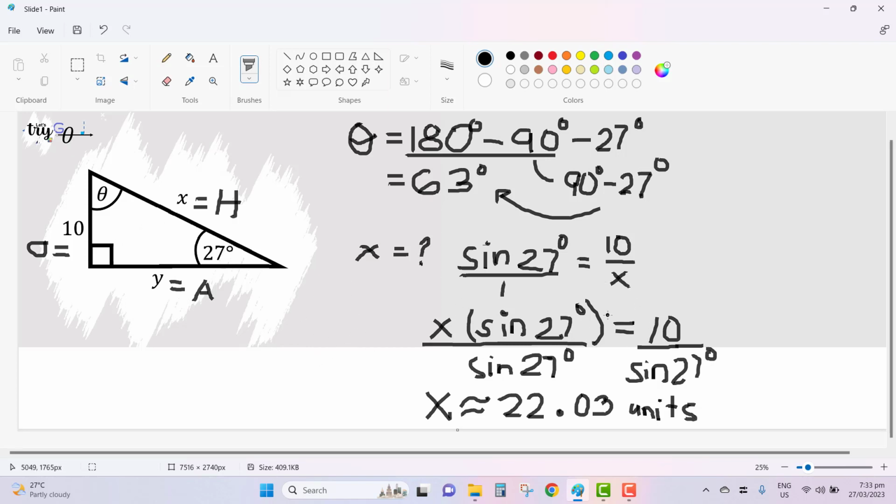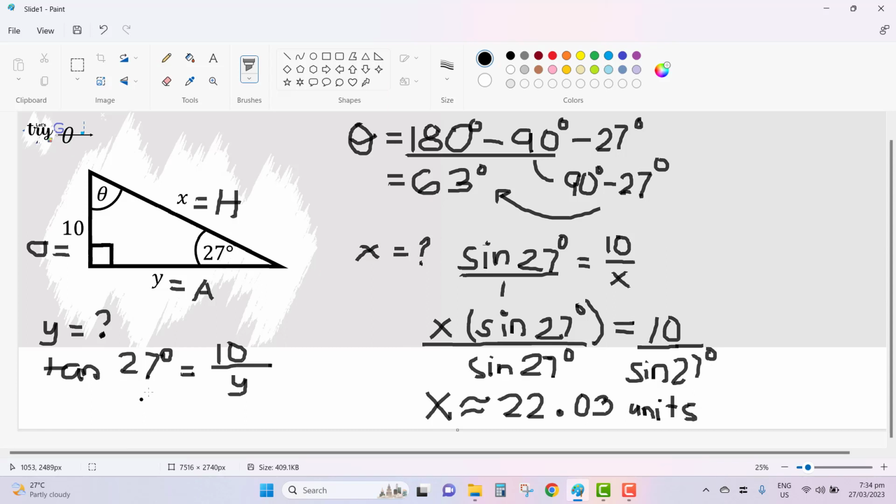We can use the same processes in solving for the measurement of side y. We can use the relationship of the given side, which is O, again with reference to 27 degrees, and then we are going to solve for y, which is your adjacent. So O and A, what you're going to use here in solving for the value of y is simply the trigonometric function tangent of your 27 degrees is equal to the opposite, which is 10, that's TOA, over y.